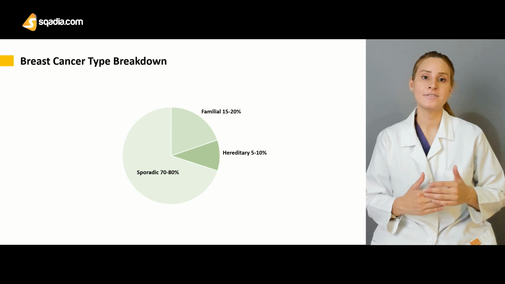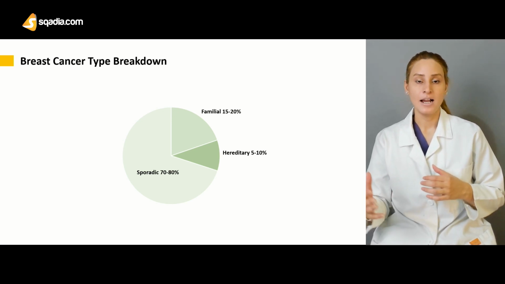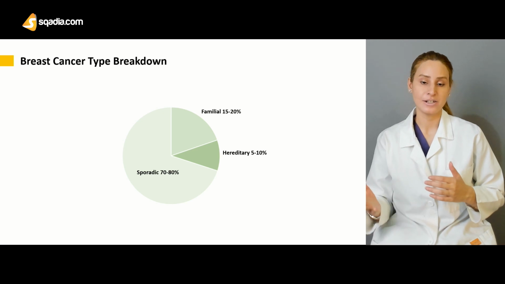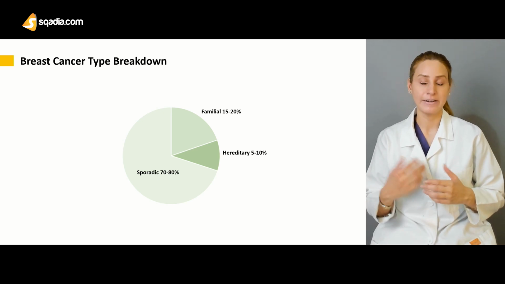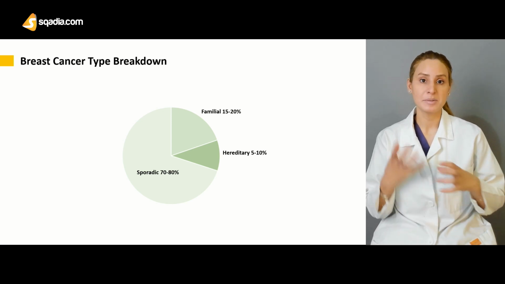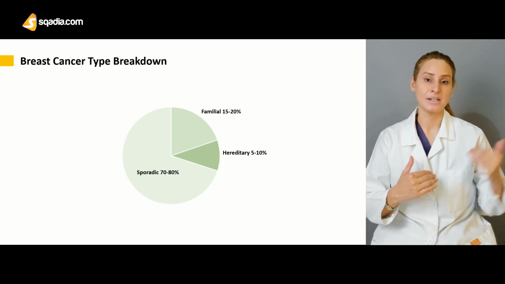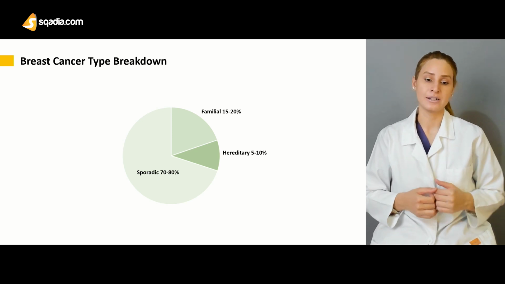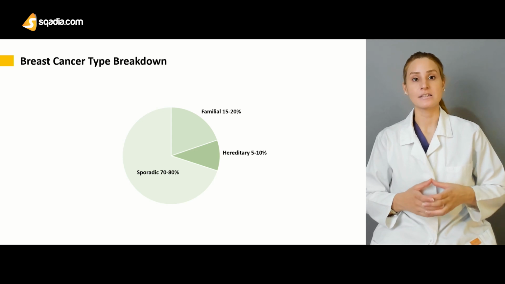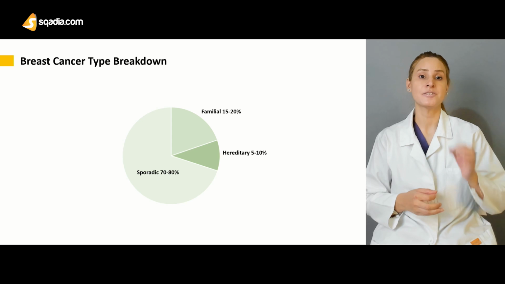Hereditary is 5 to 10%, meaning a gene is being transmitted from one generation to the next. Or maybe it's not familial, but it's hereditary, where a mutated gene is transmitted during the developmental processes. Almost 70 to 80% of the cases are sporadic.